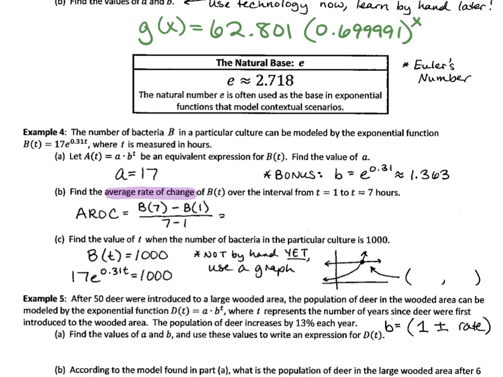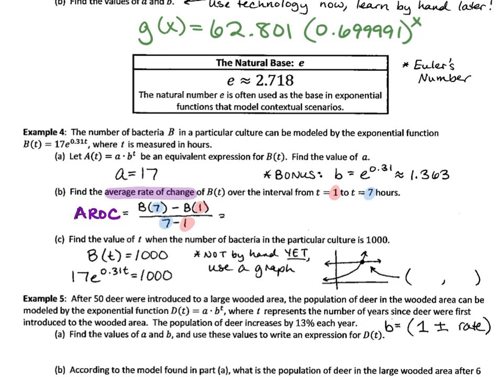But we can still find that average rate of change between 2 points by using the formula B of the second input minus B of the first input, all over the second input minus the first input. The input values they gave me were 1 and 7.